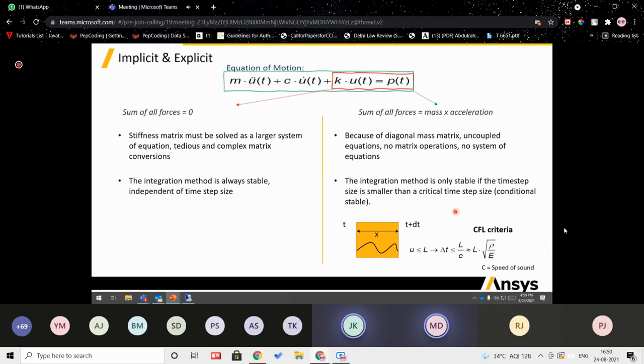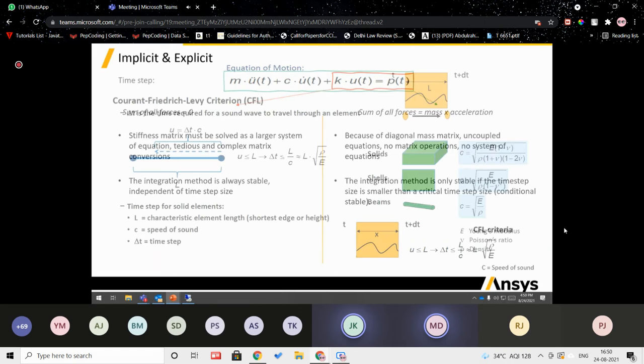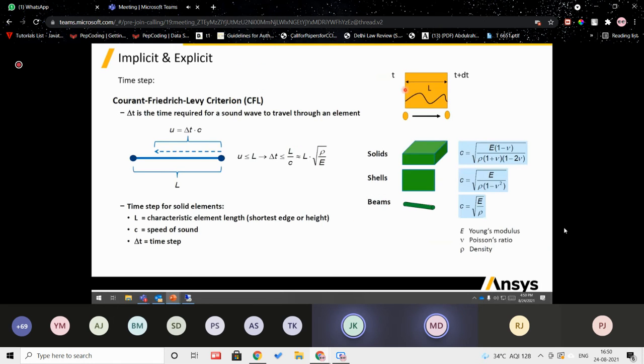So let us suppose here we have one element, and let's suppose the speed of the wave in this element is something. How we will calculate that? There are different formulas for different elements. But why do we consider this speed of sound in this medium?